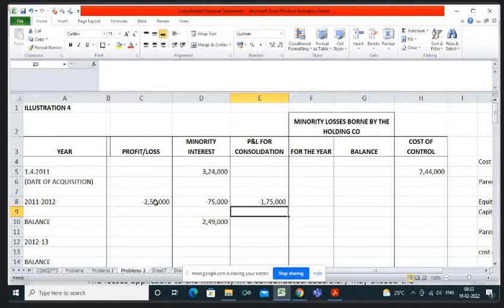This will be the amount that should be shown in the consolidated profit and loss account. What will be the cost of control? It will not change. It will remain the same, 2,44,000. So 1 year we have completed. Like this, we have to complete for 6 more years.